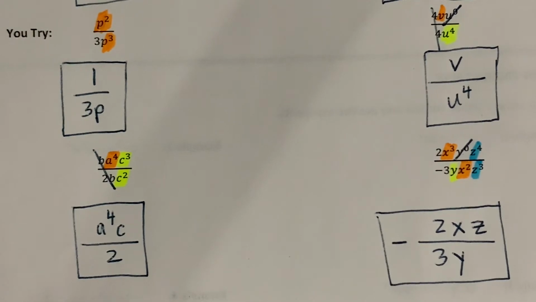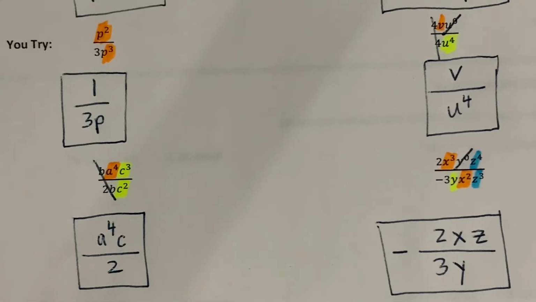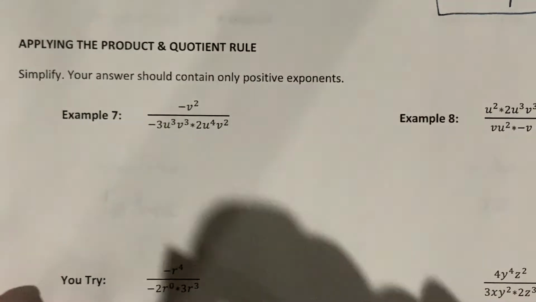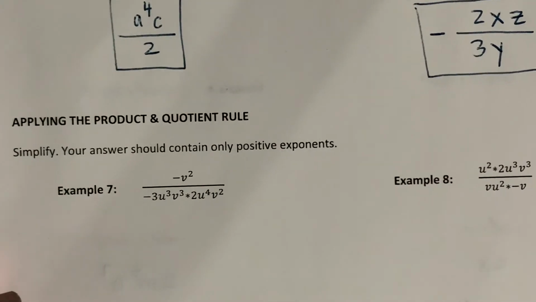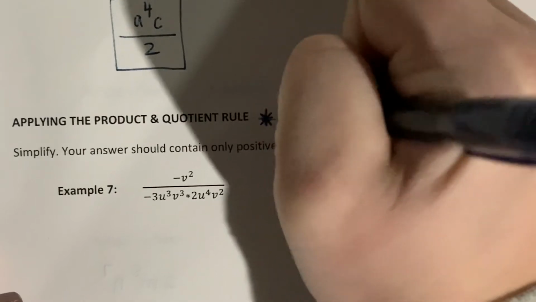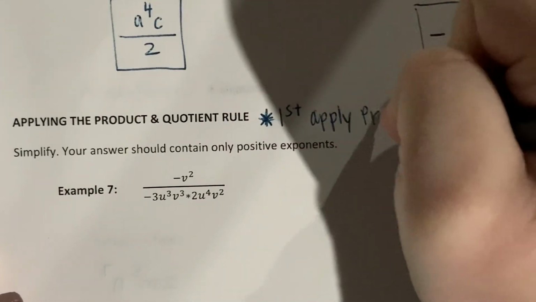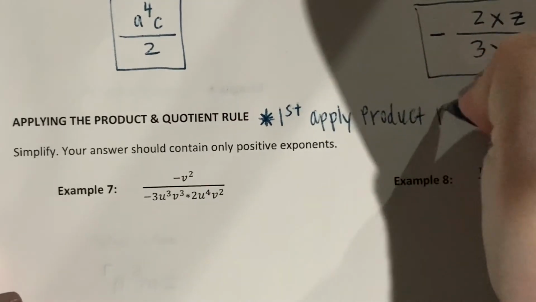So last section of our notes, we did just the product rule and then just the quotient rule. Now we're going to do both of them together. So when we're applying both the product and the quotient rule, I'll make a note here for us that we should first apply the product rule. First apply product rule.